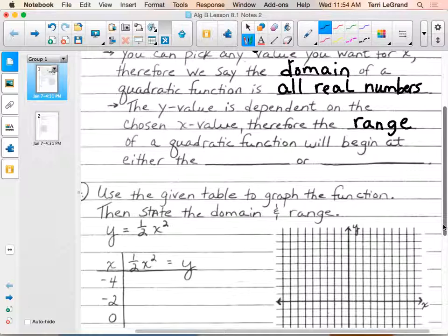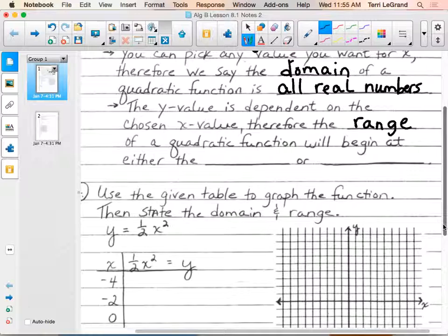Does it have a minimum or does it have a maximum y value? It has a maximum? Doesn't this one have a minimum? It doesn't go any lower than that point here down at the bottom where it turns. So it has a minimum y value? So it never goes any lower than that? How about when it opens down? It has a maximum and it never goes any higher than that.